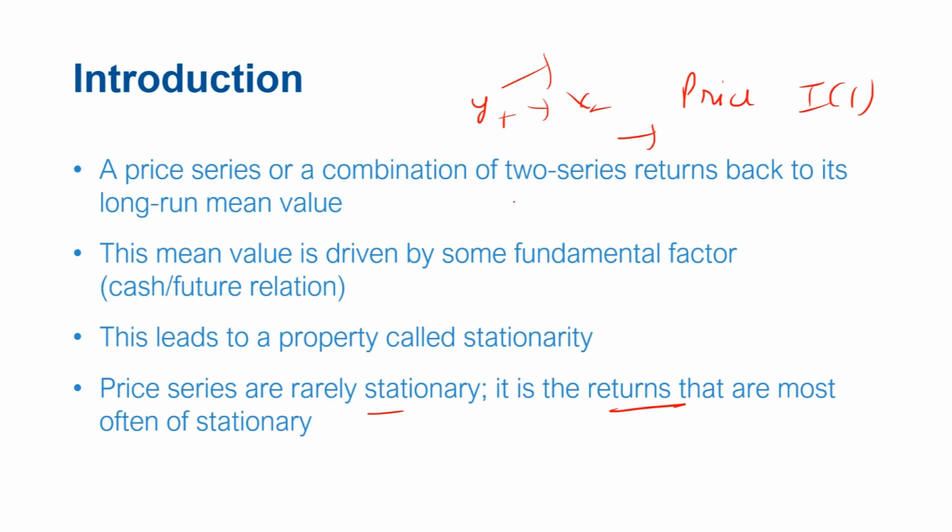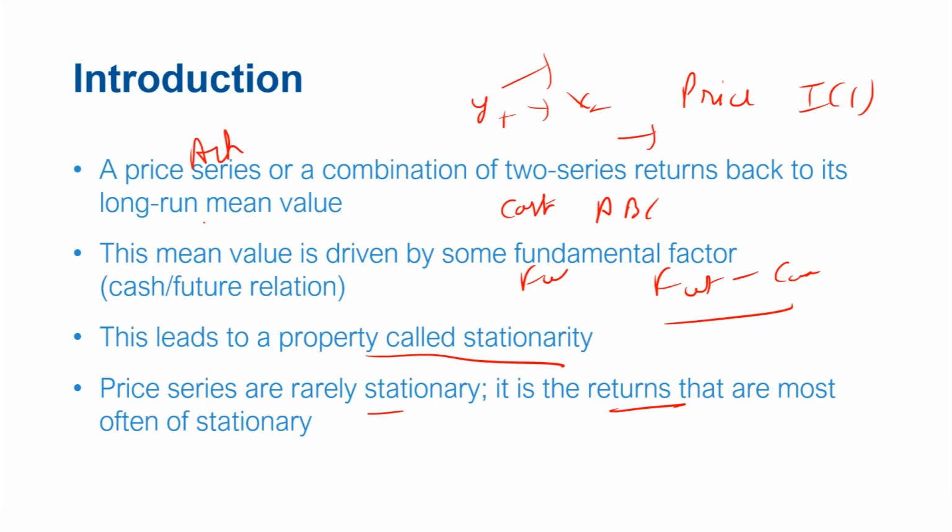So you have to compute returns or take first differences to make them stationary. However, when we look at prices of cash equity of the same underlying ABC stock and futures and take the difference of cash and future, the resulting series would be stationary in itself. And this stationarity property results from the fact that these two series, the cash and future, are co-integrated. Similarly, think of ask and bid prices of a stock XYZ.